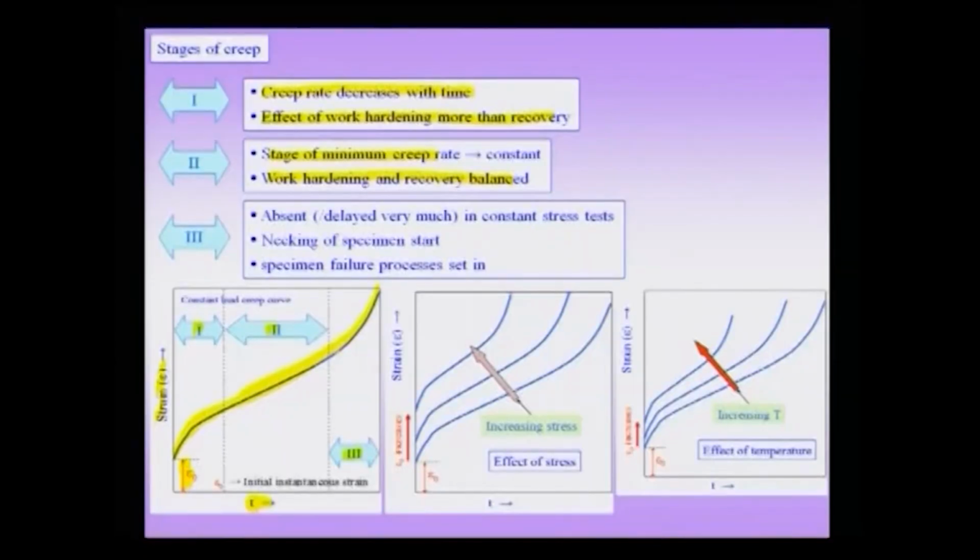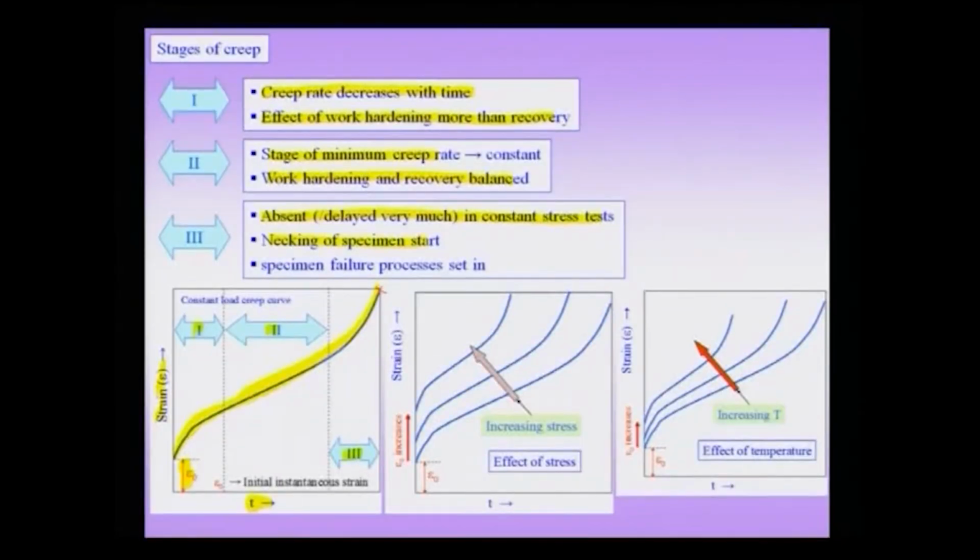Region 3 leads finally to fracture, wherein cavitation and other damage accumulate to such an extent that the material actually fails. Region 3 could be absent or delayed in constant stress tests. So, if you are doing a constant stress test, this region may not be observed, and if you do a constant load test, you may actually observe this.